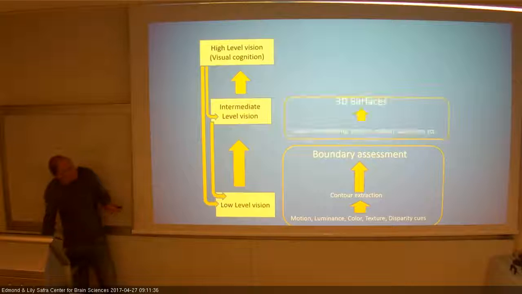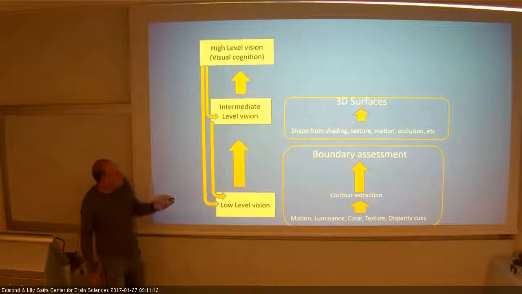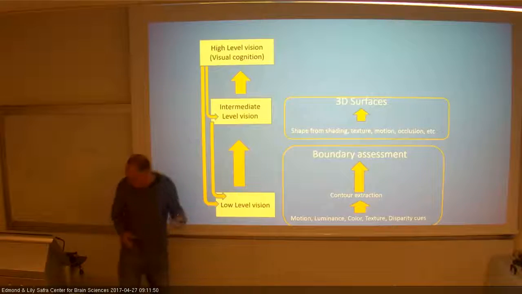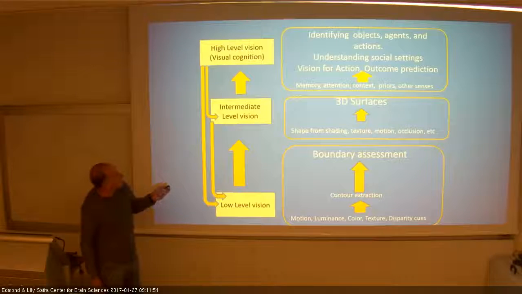But you need to continue and extract, using what's called intermediate level vision, something about other cues such as shading or texture and motion or occlusion relationships to understand something about 3D surfaces, okay? And from there, you want to finally understand where the objects are in the scene and so on.